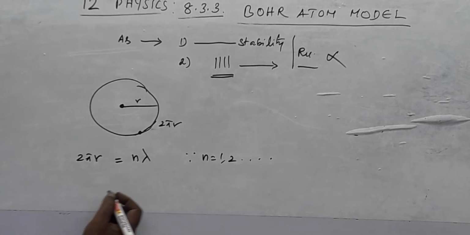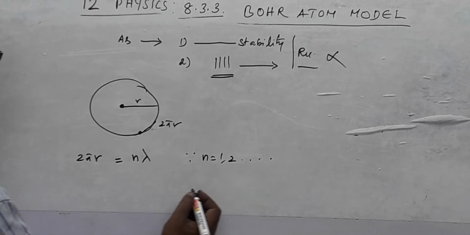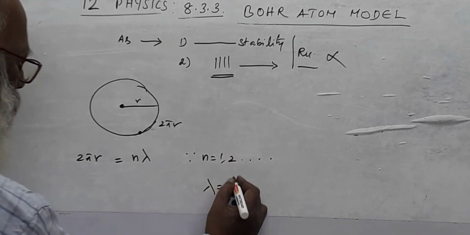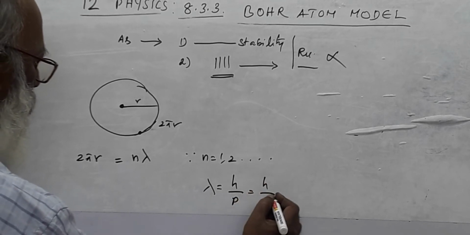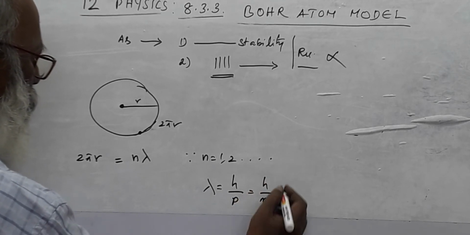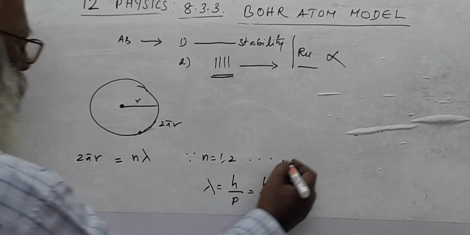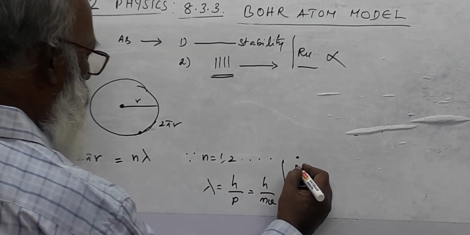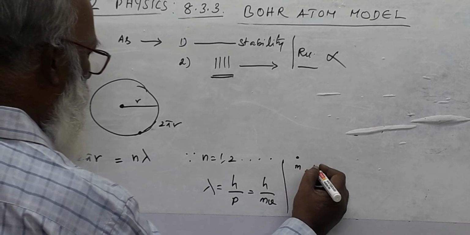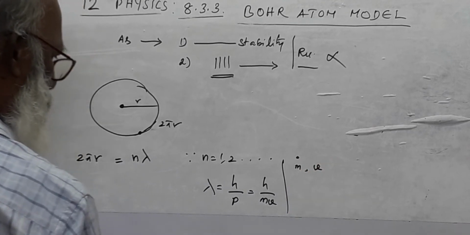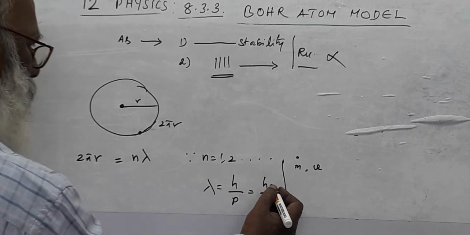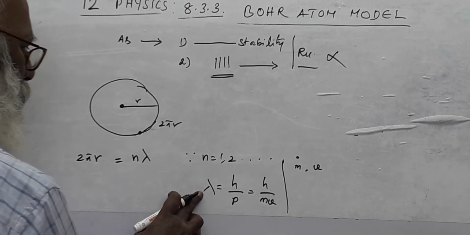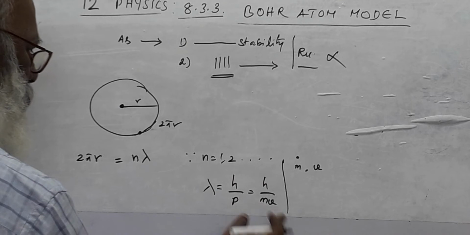As per the de Broglie wavelength, lambda is equal to h by p, or h by m into v. If you consider the electron mass to be m and the electron velocity to be v, and h is the Planck constant, then the wavelength lambda is equal to h by m into v.